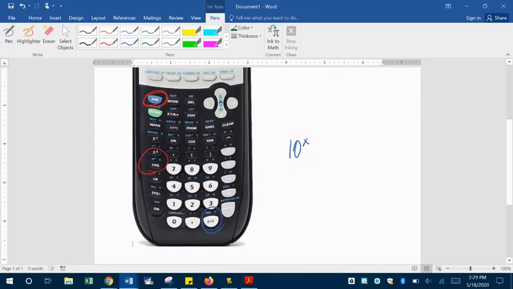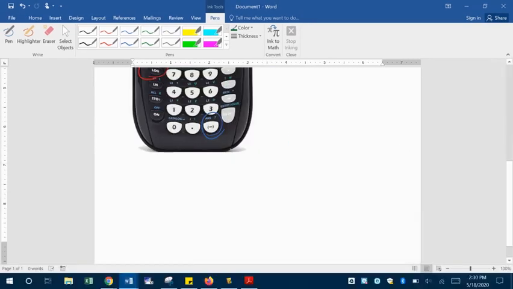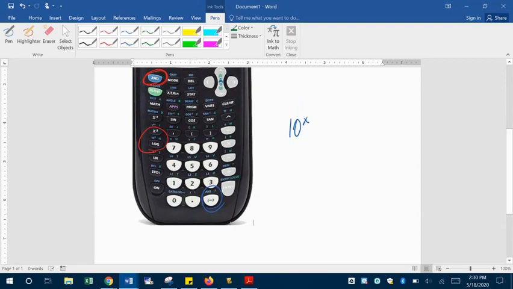So how we would plug this into our calculator is by simply saying, since our pH is 7.41, I just want to hit in my calculator 10 to the negative 7.41.